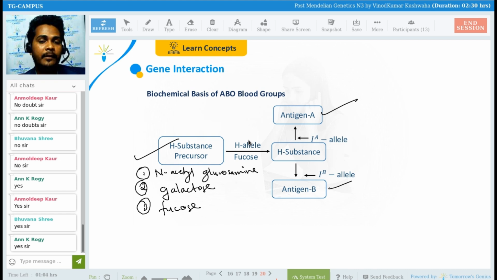So this is related to how this H substance and the A antigen and B antigen are different because of their terminal sugar. This is also the chemistry of formation of antigen A and antigen B. So how exactly are antigen A and antigen B formed because of these conditions? Yes, clear about this?